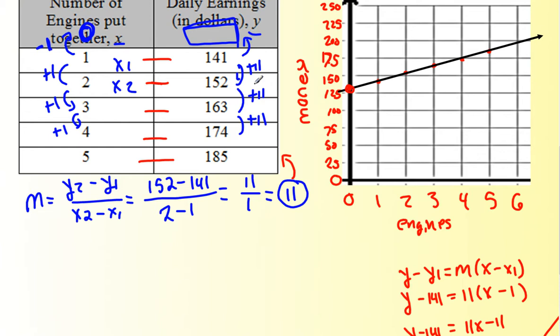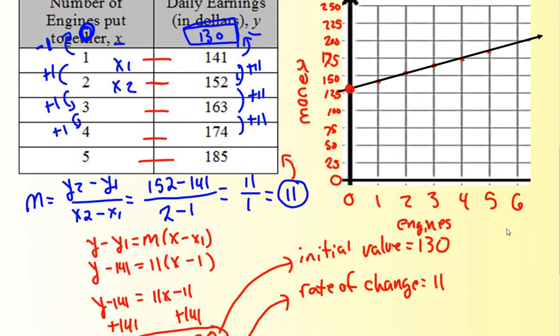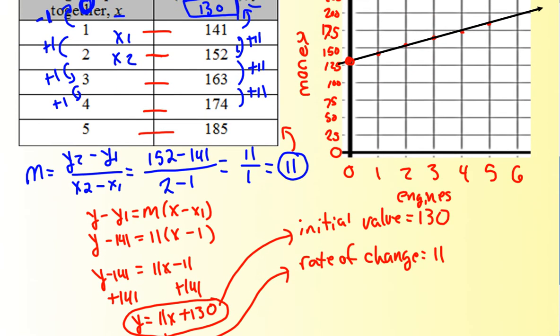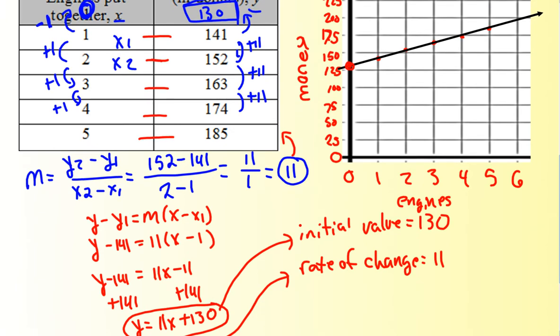Instead of adding 11, subtract 11: 141 minus 11 is 130. So that's just a slightly different method, a different way of thinking about it, using the pattern they give us to find when the x value is 0, to find the initial value of the problem.